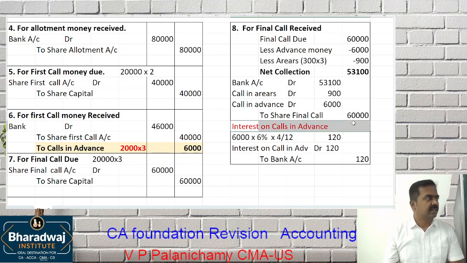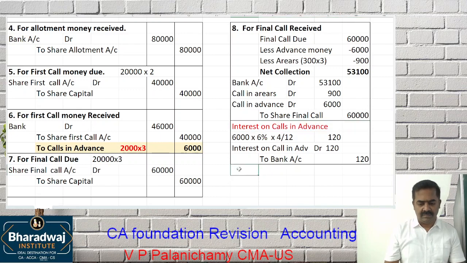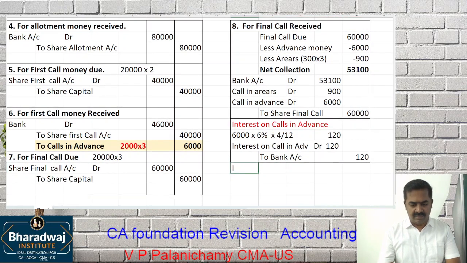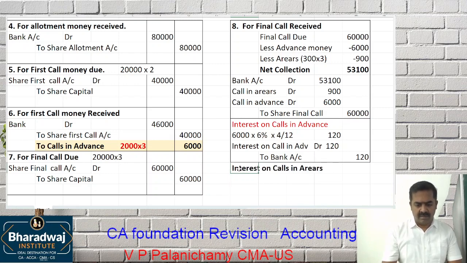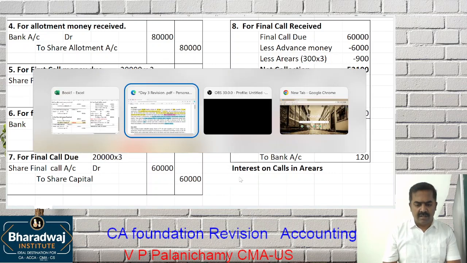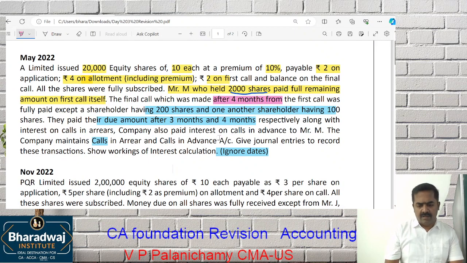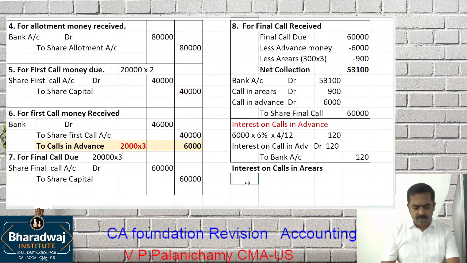Then interest on calls in arrears. Listen, one shareholder paid money after how many months? 3 months, and the other, 4 months. So the person holding 200 shares, what is the final call money? 3 rupees.